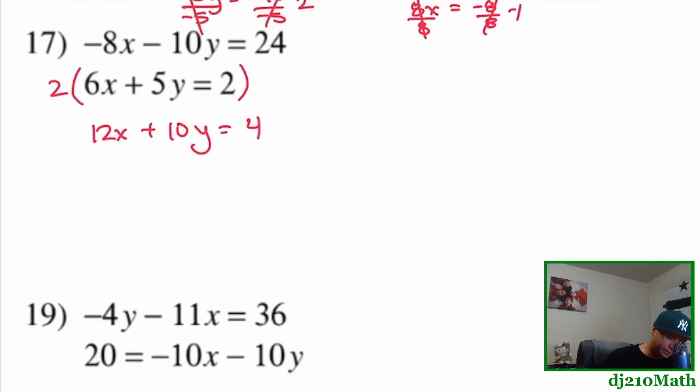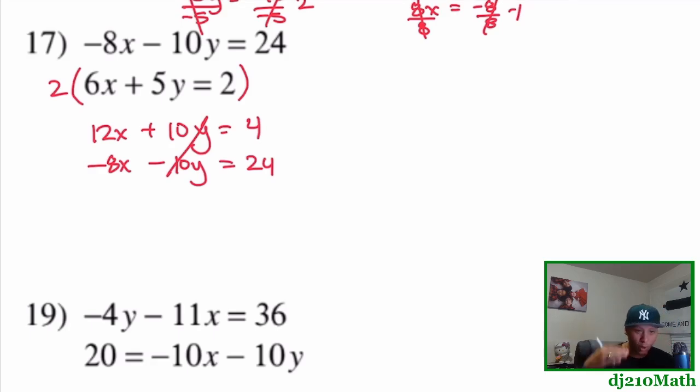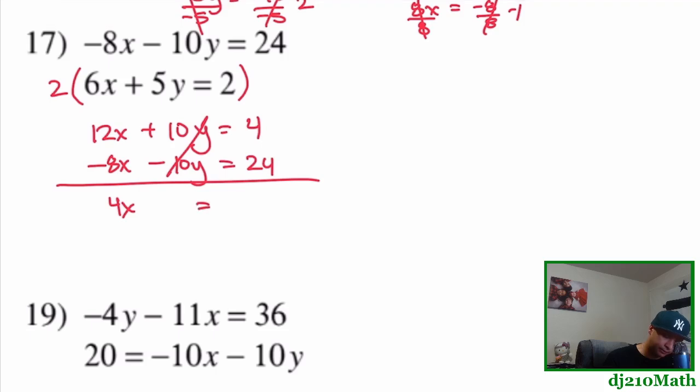All right, rewriting the top underneath, negative 8x minus 10y equals 24. So the positive 10y and negative 10y, that's what I was homed in on, right? So that disappears. All right, 12 minus 8, 4x. I'm adding down. This is going to be 28. Divide both sides by 4. Cancels, 7. So x is equal to 7.